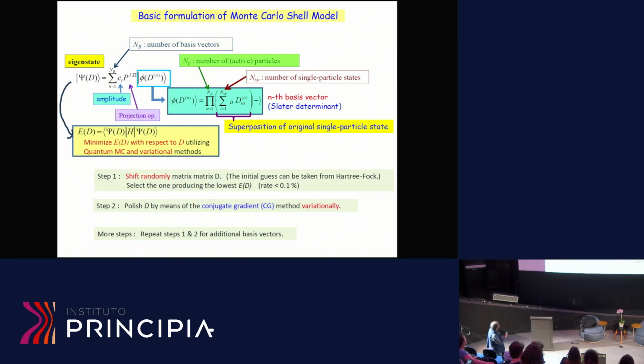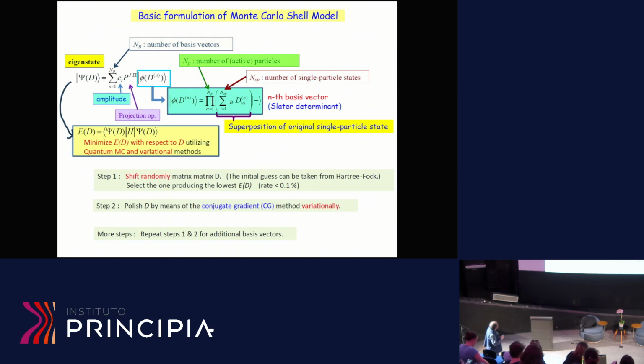So you have to project out this state onto your angular momentum, your parity, and so on. Then the expectation value of this eigenstate is written in this way, and this entirely depends on the choice of matrix D. So the selection of matrix D is so important.